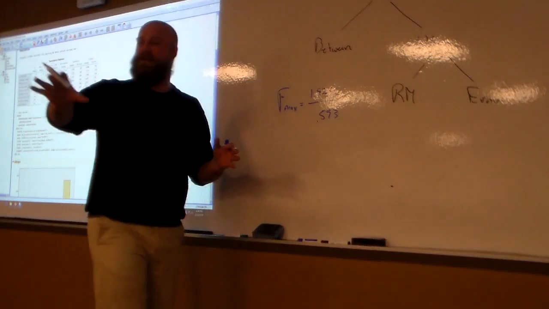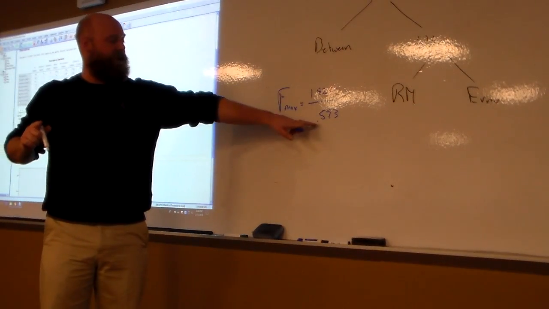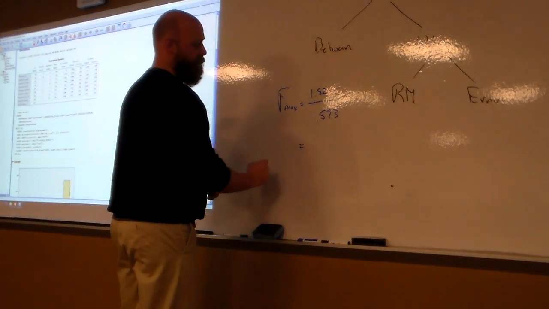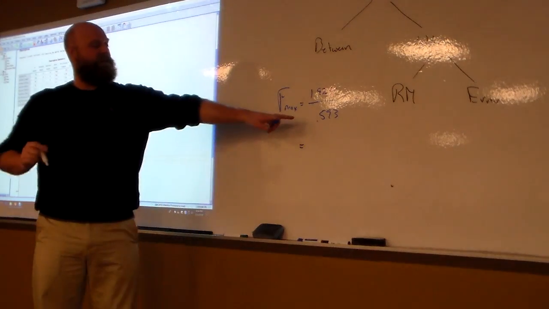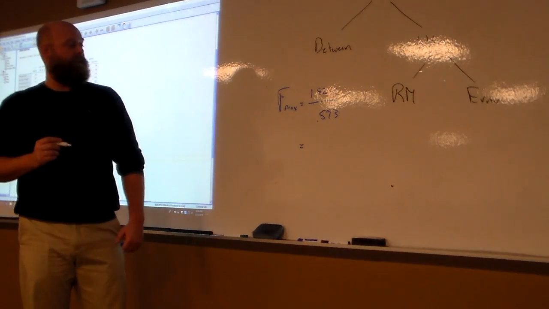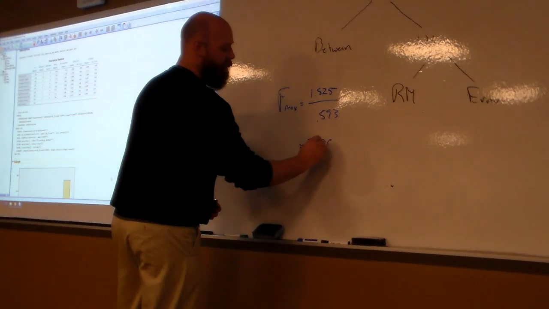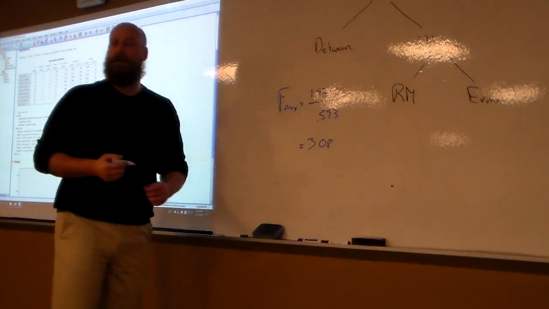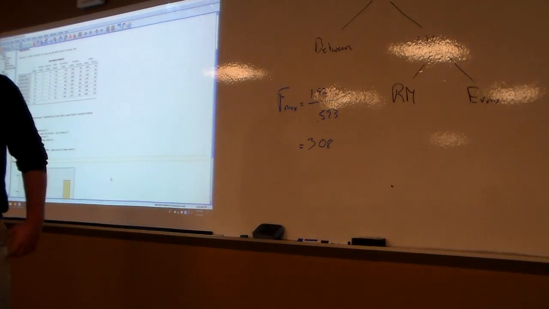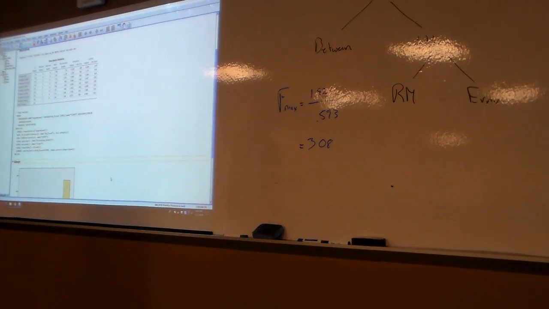All right, and then Layla, you've got a calculator. Take 1.825 and divide it by 0.593. Tell me what that is. 3.08. Okay, so our F max is 3.08. We've got some difference in our variability across these different assessments.